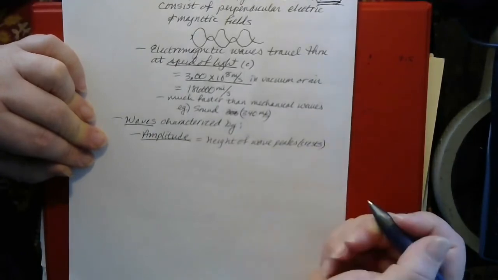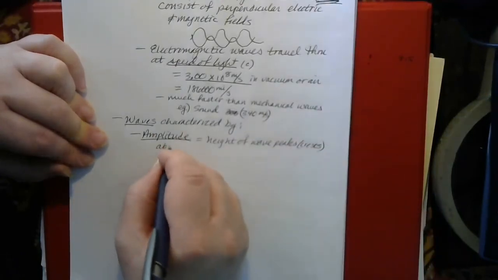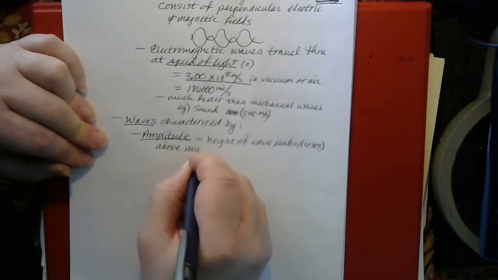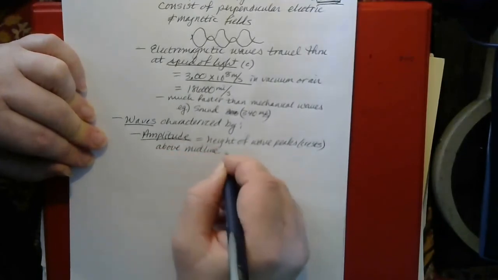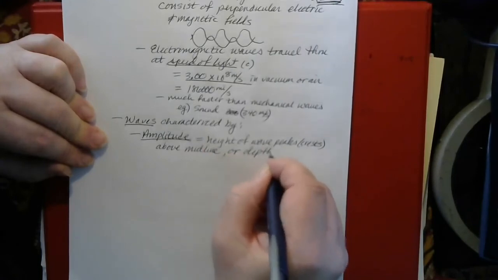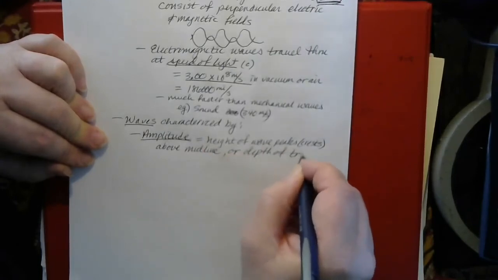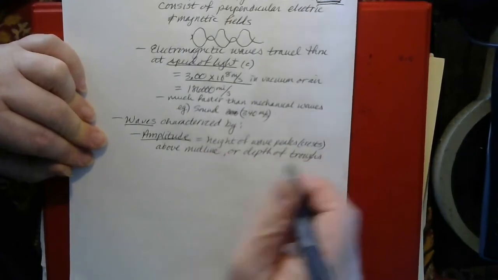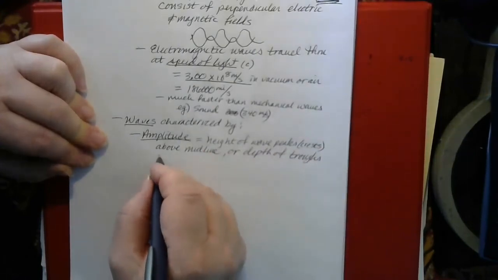The peaks of the waves are also known as crests. Or the depth of the troughs between waves below the midline.